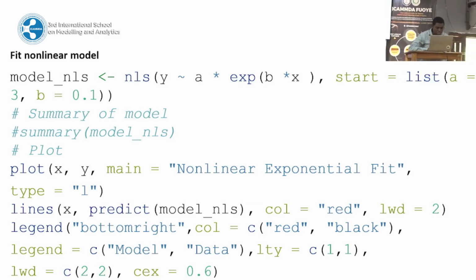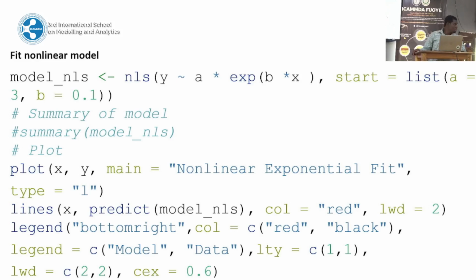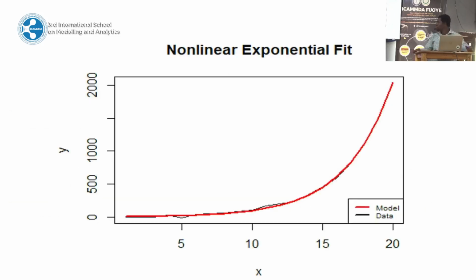Then, so now plot it. Let's plot the outcome. And when you plot it, you should have something like this, where the red is the model and black is the data. Don't worry, I'll go back to the code, but this is what you should have.